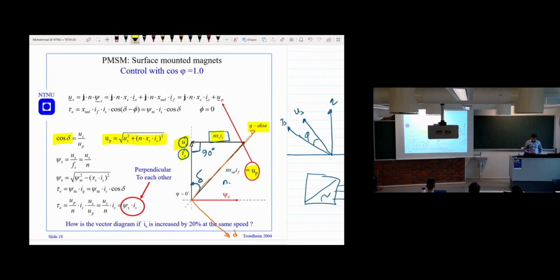And in that, we say that UP is defined as n psi m, because this part here is psi m. So we have n psi m, and US is n psi s. Then you can write US equals n psi s squared, plus n xs is squared here.